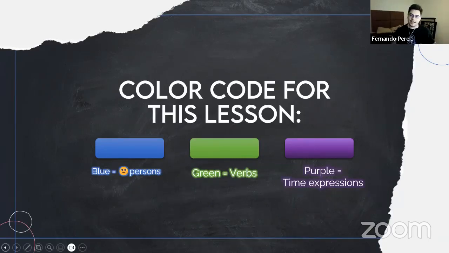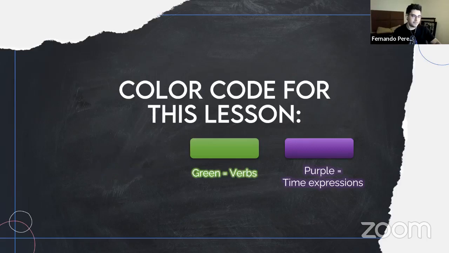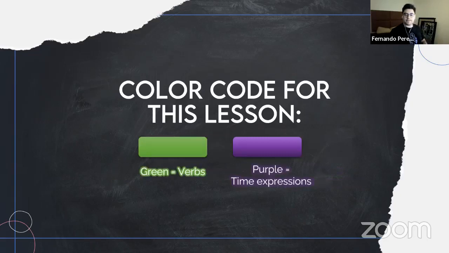Every time we talk in English, most importantly, let's eliminate the blue: the time expression represented in purple and the verb represented in green. Those are fundamental to understand when it's necessary to use auxiliaries, verbs in past, and regular and irregular verbs.